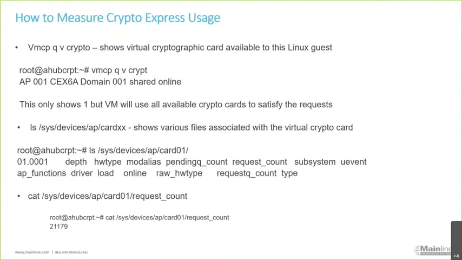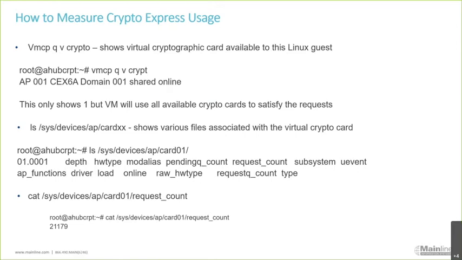So from a Linux standpoint, there are different tools you can use to determine how your crypto cards are being used and if you have access to them. The first one here is just a VMCP command to do a query virtual crypt, which will return this response.